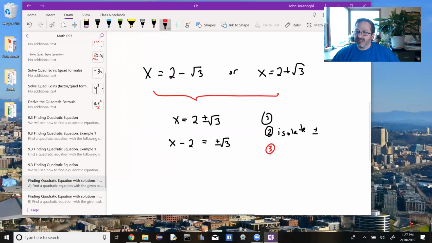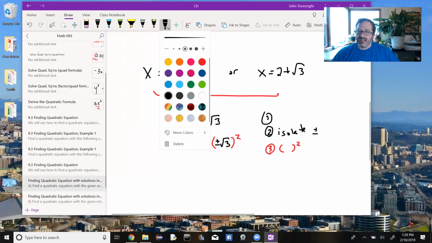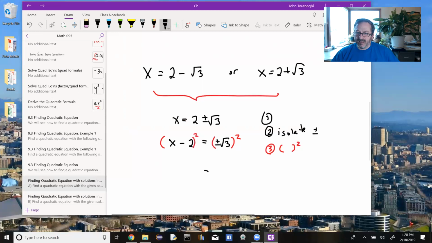So step 3 is to square both sides. Here's where I really need these parentheses, because I'm not squaring just an x now, I'm squaring an x minus 2. So when I square the right side of the equation, the plus or minus goes away.